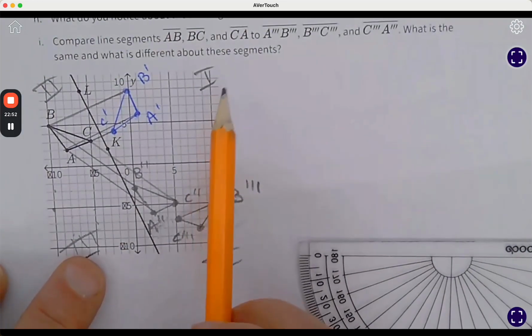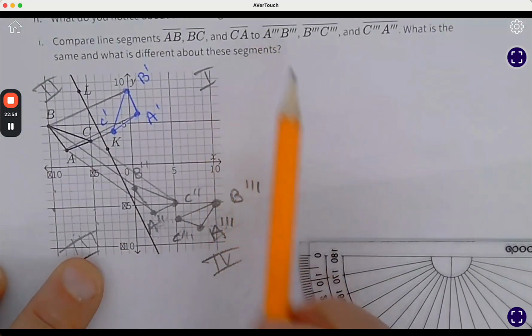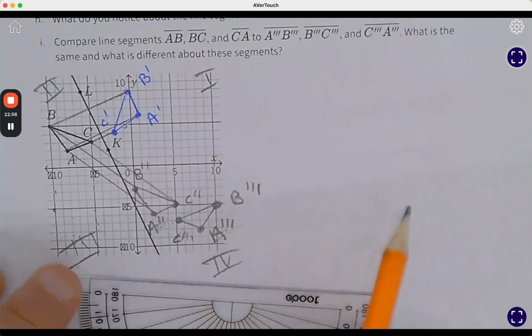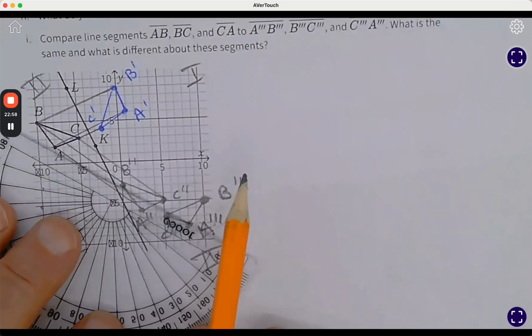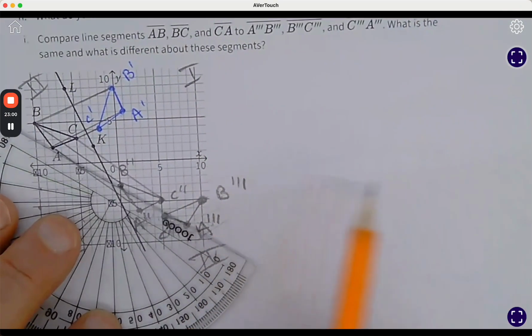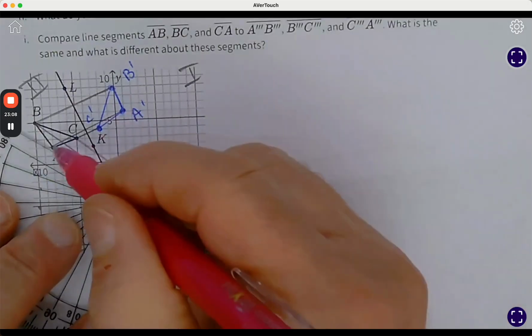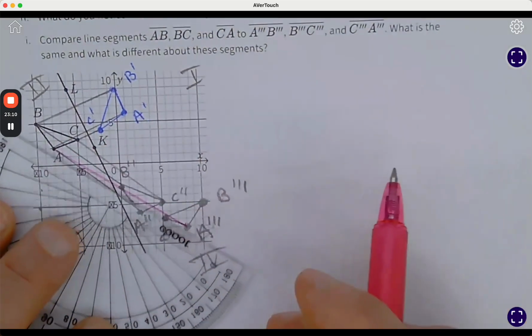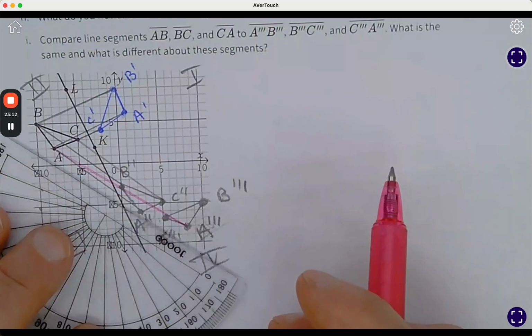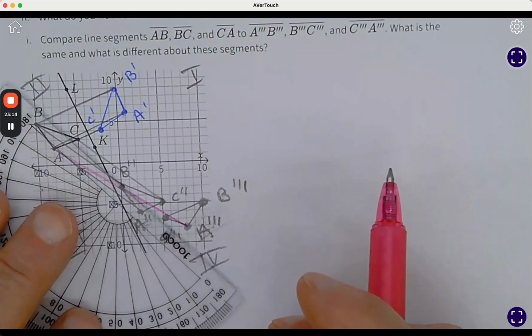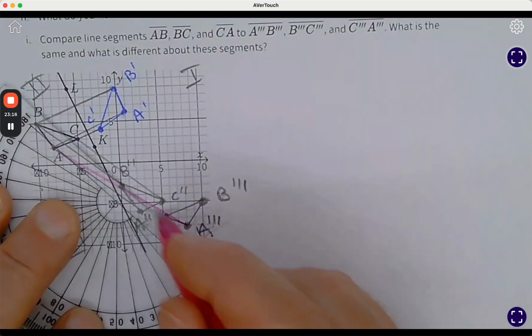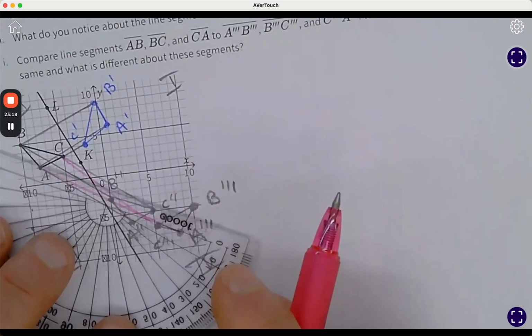What do you notice about the line segments A double prime, okay, it's hard, all these line segments are getting a little convoluted. So I'm going to keep going, but I'm going to do a different color. Okay, there's that. There's that.